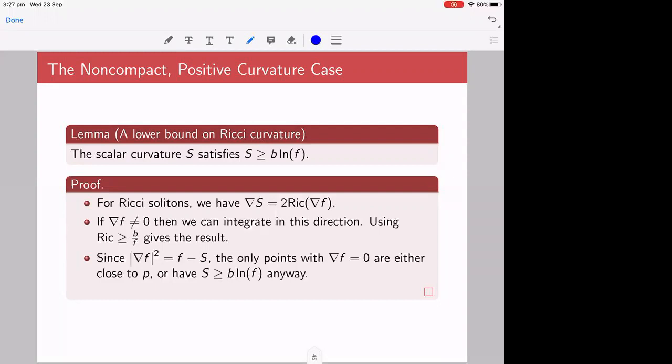So if we happen to be in a situation where there isn't a well-defined direction, where this is 0, that tells us that f actually has to be the same as the scalar curvature. But if the scalar curvature is actually equal to the value of the potential function, well, f grows faster than log of f, so that means that this is going to be true asymptotically anyway.